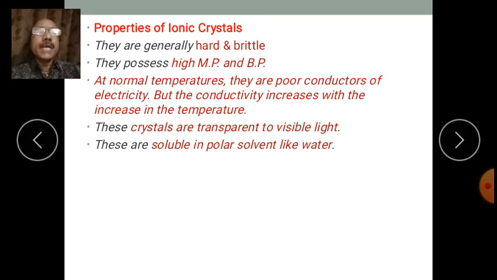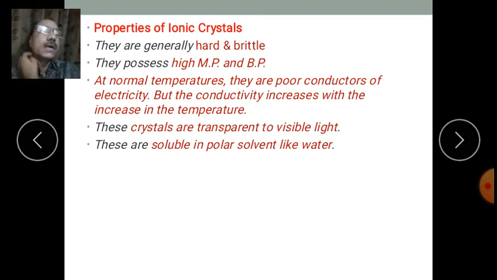At normal temperatures, they are poor conductors of electricity, because they acquire the electronic configuration similar to the electronic configuration of inert gas atoms.